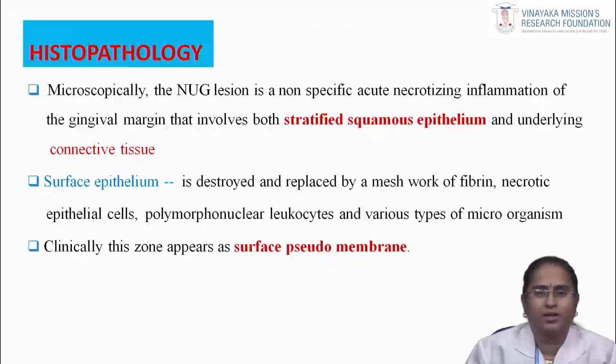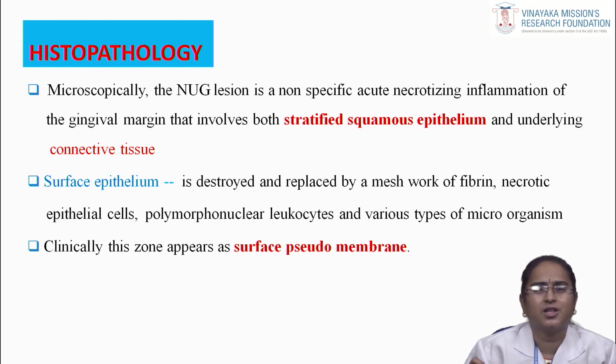And histopathology. Histopathology is where a section of the tissue piece is observed under the microscope. Microscopically, necrotizing ulcerative gingivitis will be seen as an inflammation of the gingiva. Here the histopathological section shows both epithelium and connective tissue.